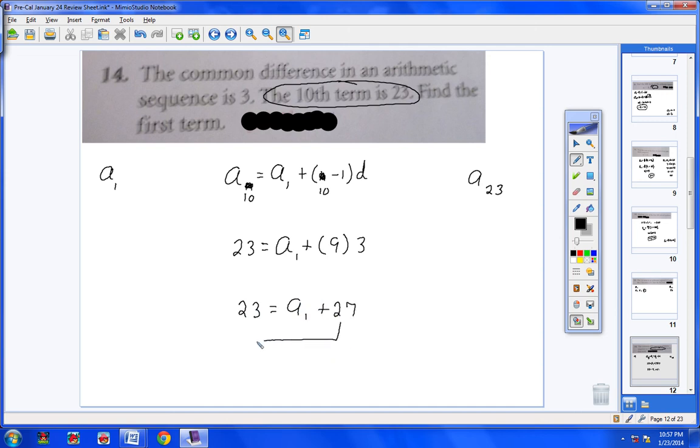Now bring the 27 over and make it a negative 27, and that would leave us with negative 4 for your first term. Alright, so negative 4 would be your first term. So sometimes this nth term formula can be used for more than one thing, just depending upon what you've been given and what you're looking for.